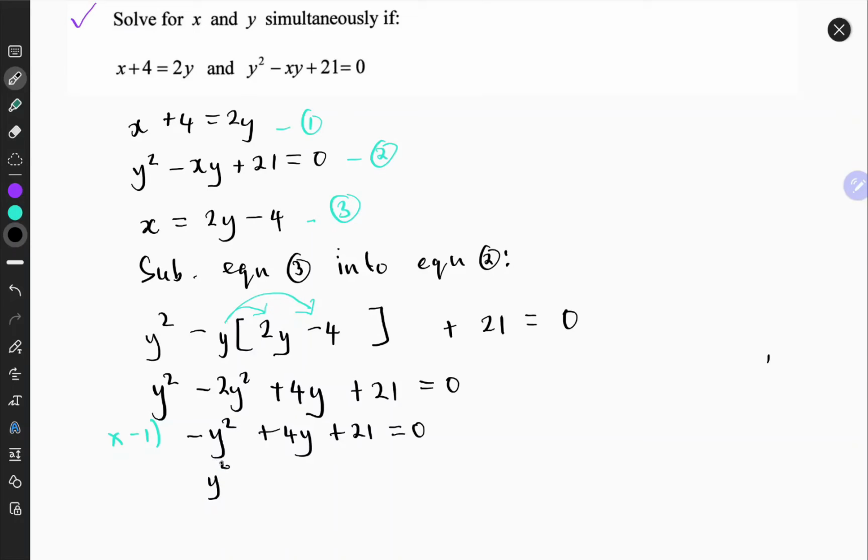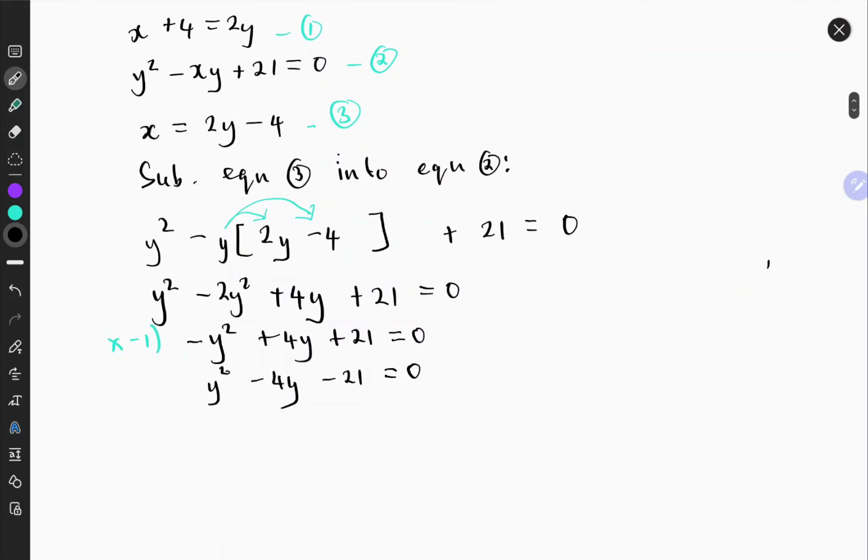There should be positive y squared, -4y, -21 is equal to 0. So I'm looking for factors of 21 that differ by 4: 7 and 3. 7 times 3 is 21, and 7 minus 3 is 4. So let's test.